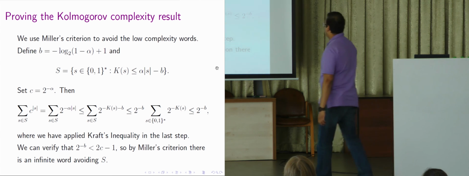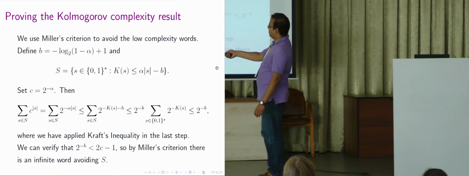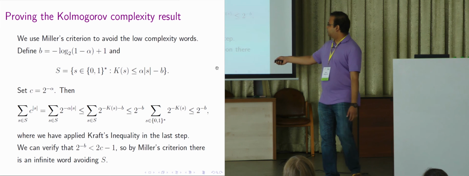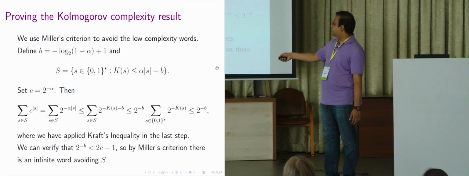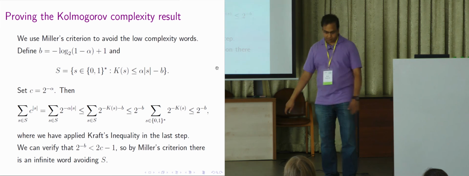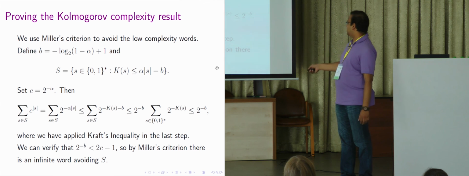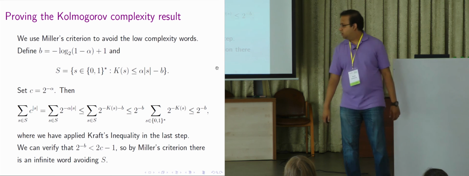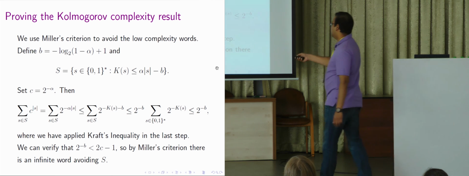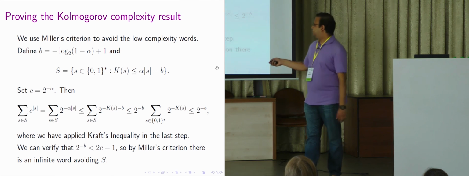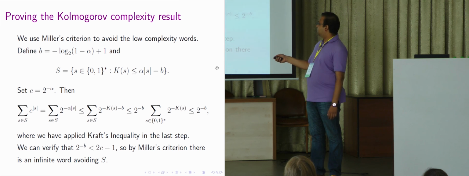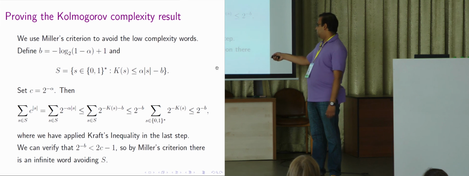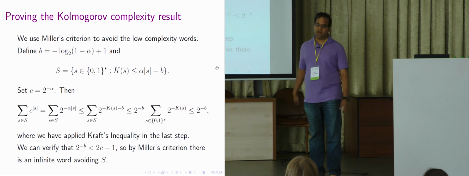So again, we apply the same criterion of Miller. We compute this sum of c to the length of s over all s in S. And we have to show that this is less than 2c minus 1. So, what does this sum look like? Well, if I choose c to be 2 to the minus alpha, then I substitute 2 to the minus alpha here.